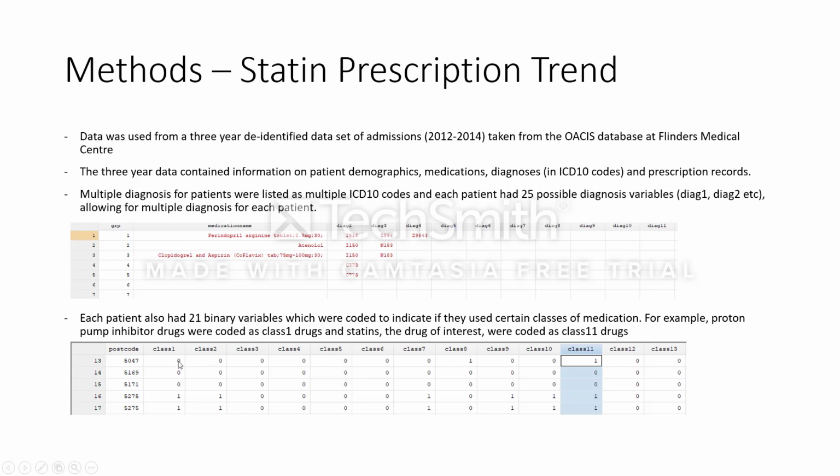My project was interested in class 11 drugs, which are statins. You can see this patient here is taking a statin; the binary variable for class 11 is 1. And down the list, this patient isn't taking a statin. These 2 aren't. These 2 patients are taking a statin. Okay.